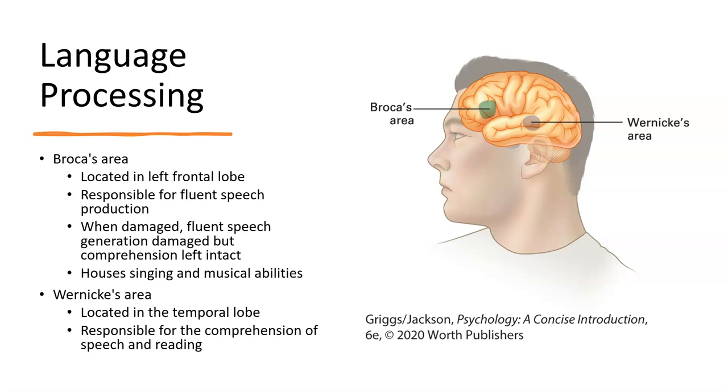Damage or injury to Wernicke's area is likely to interfere with the ability to comprehend what you're hearing as speech, and it will interfere with reading, which is one of those things that requires a great deal of integrated activity.